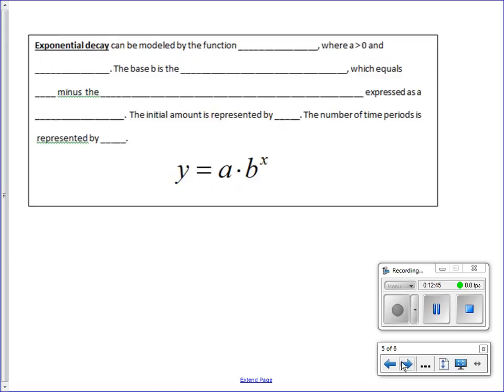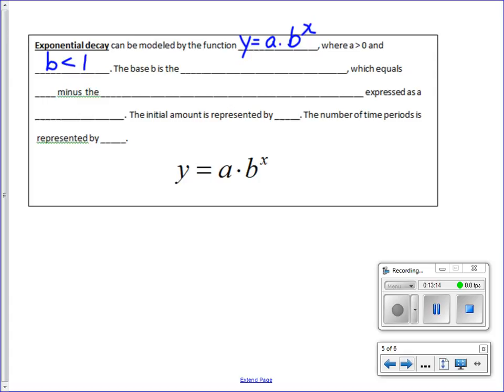Slide 5. Exponential decay can be modeled by the function, and it's exactly the same. A times b to the x power, where a is greater than 0 and b is less than 1.